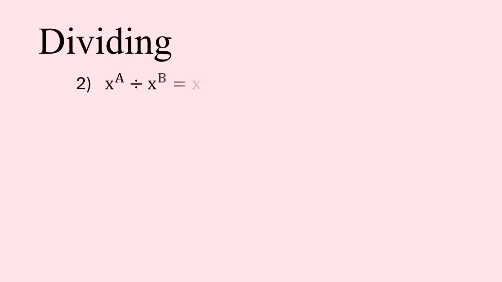Now, when dividing pronumerals, you subtract the indices. In other words, if a and b are real numbers, then x to the power of a divided by x to the power of b equals x to the power of a minus b.